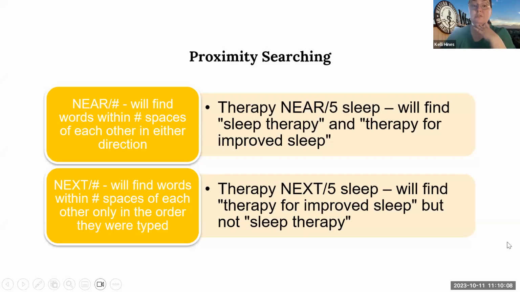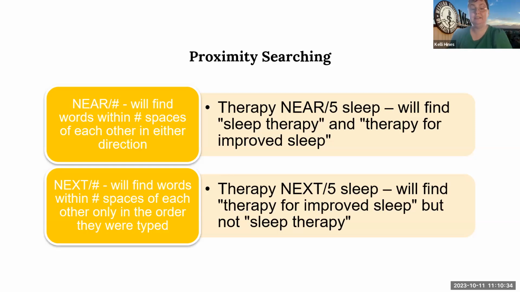And another function that's really neat is what's called proximity searching. These use 'near' and 'next'. So 'near' with a particular number will find words within that number of spaces of each other in either direction. So 'therapy near/5 sleep' would find therapy as well as therapy for improved sleep.